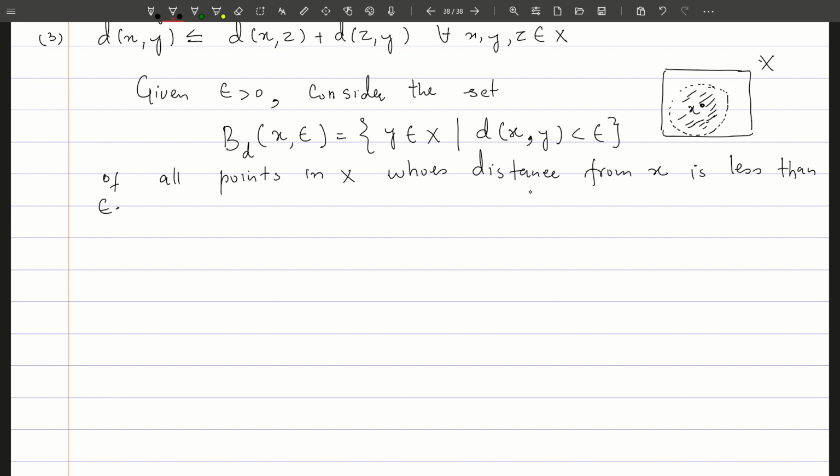One can note here we had the strict inequality, so we exclude this boundary, because this is the distance epsilon. Apart from these points on the boundary, we pick the interior of this region, and this interior is our epsilon ball, called the epsilon ball centered at x.